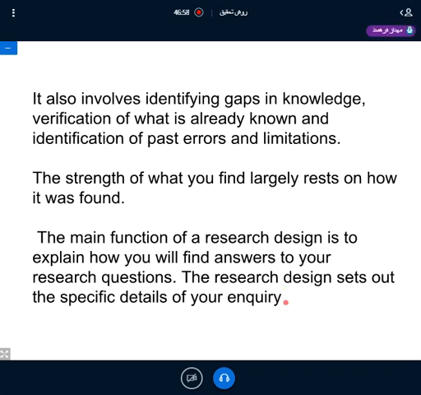So the research design is very important for solving problems, for getting the answers to the questions. So the designs are very important to answer the questions.